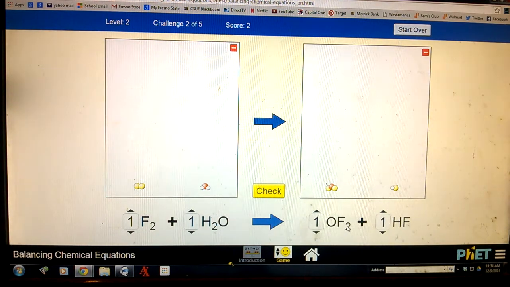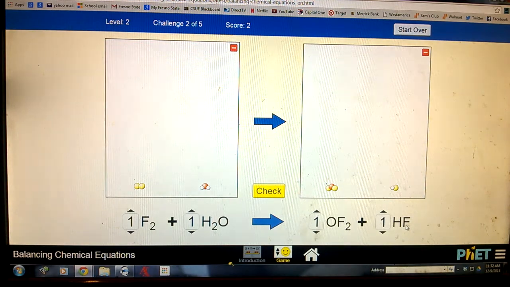Since we got fluorine and fluorine, but this one's 2, this one's 1. Let's go over here. If we add 1 here, that's going to take us up to 4, and we only have 3 over here. So, where should I go next?